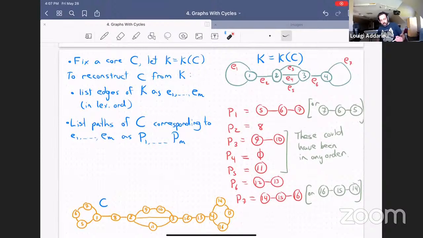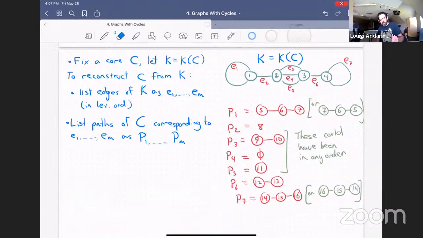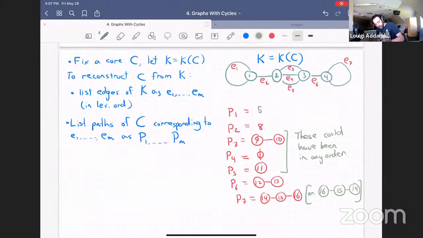There's also the question of, if I show you the kernel and I'm asking how many ways there are to reconstruct some core, well, this time I showed you the core and we worked out what the reconstruction was. But if you didn't have this picture, and you were just asking what sorts of sets of paths are allowed, well, there are some constraints, right? One is that for a loop edge, I'd better have at least 2 vertices on the path. Because if for P1 here I'd just written 5, that would correspond to a reconstruction which had a 5 on this edge, but that creates 2 edges between 1 and 5.